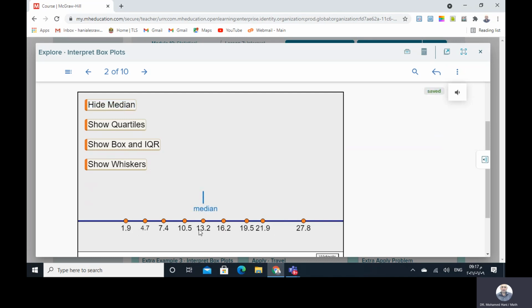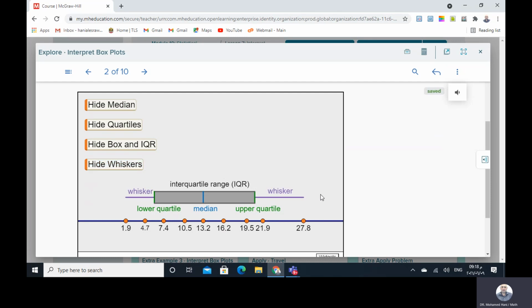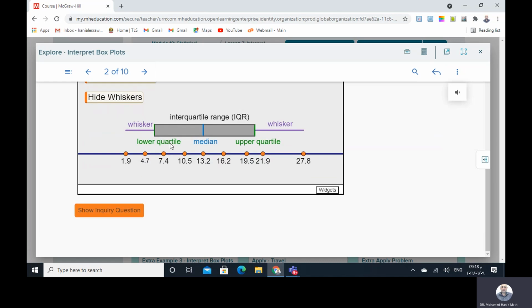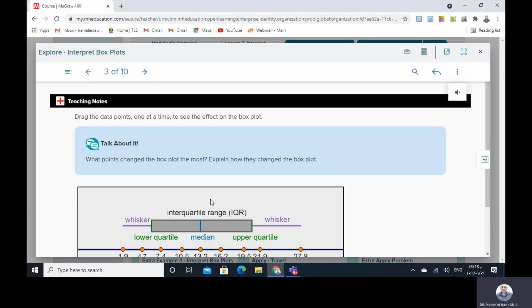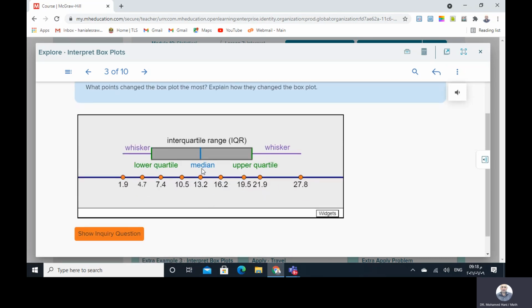So the median will be here, then the first quartile, the third quartile, and the box between the first and third quartile. Here we have the interquartile range, and the whiskers between the lower and upper values. The difference between the quartiles is the interquartile range.